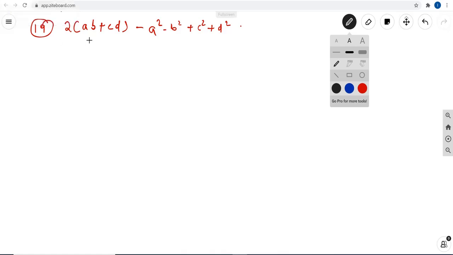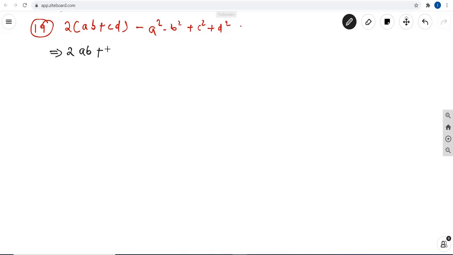So this one I will multiply. So this becomes 2AB plus 2CD minus A square minus B square plus C square plus D square. So again I'll rearrange this equation. Same thing. See, plus terms I will take first. So this becomes C square plus D square. So C and D is there.